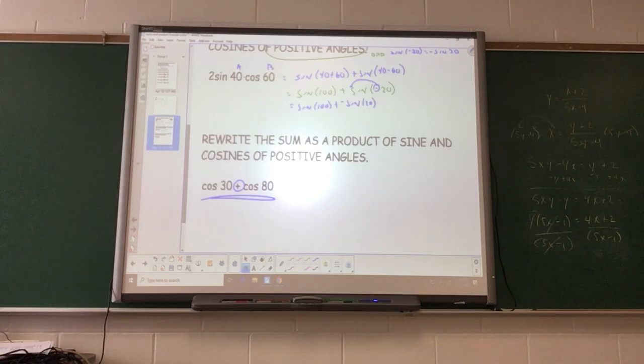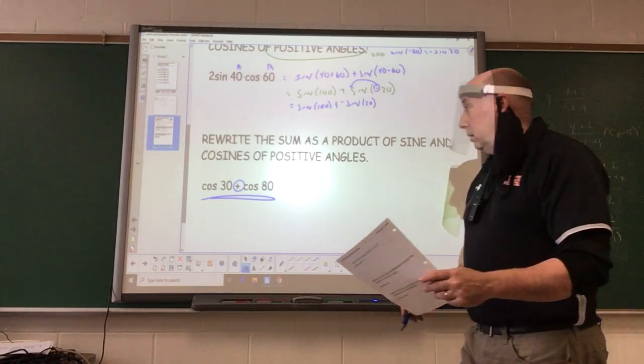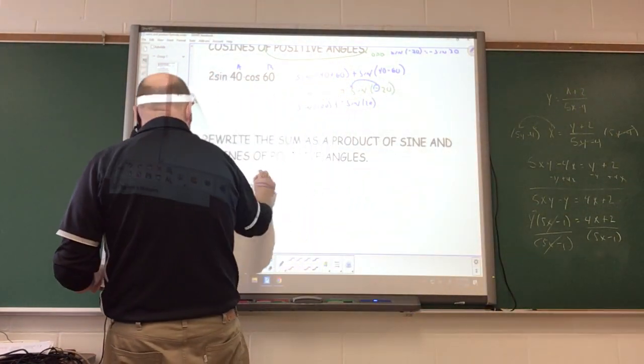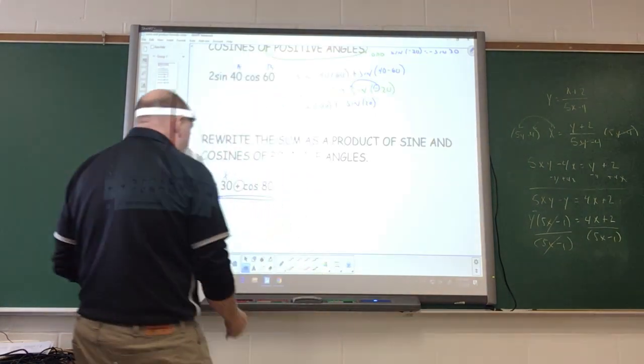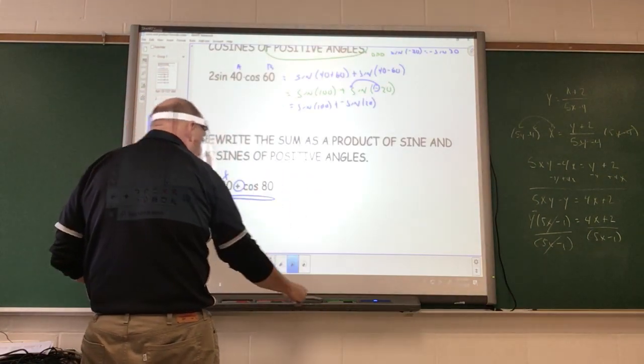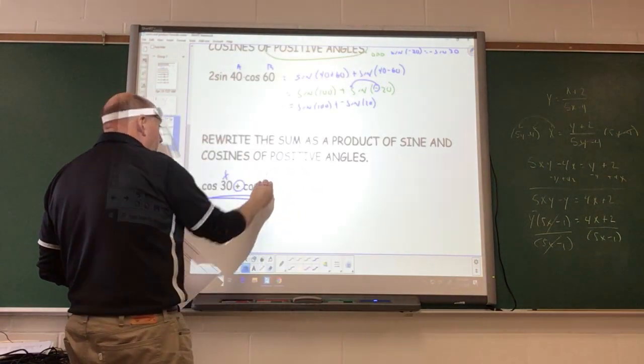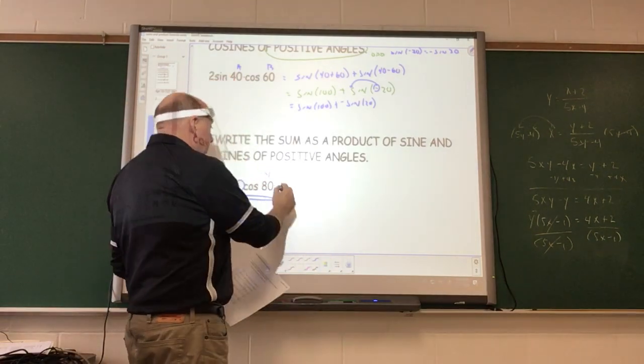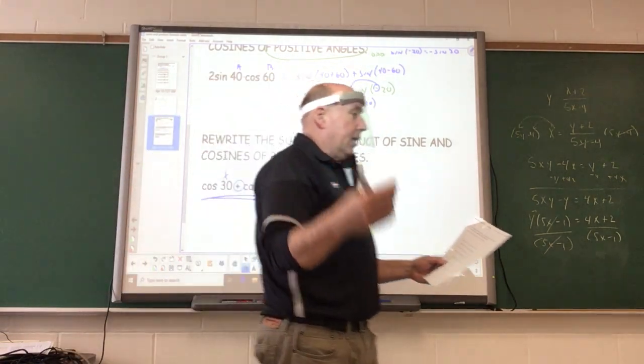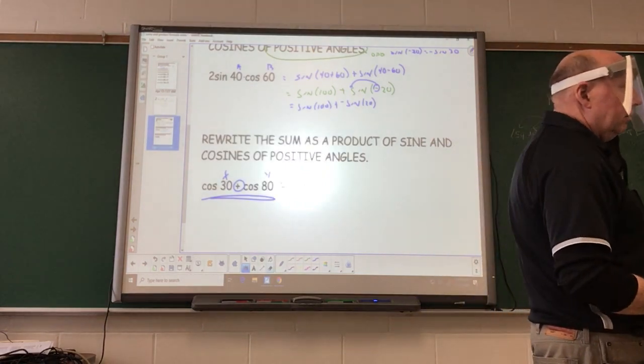So I'm looking for one that deals with cosine plus a cosine. So look for one that says cosine x plus cosine y. There's your x and here's your y. Go to the right hand side, plug in for your x and y.